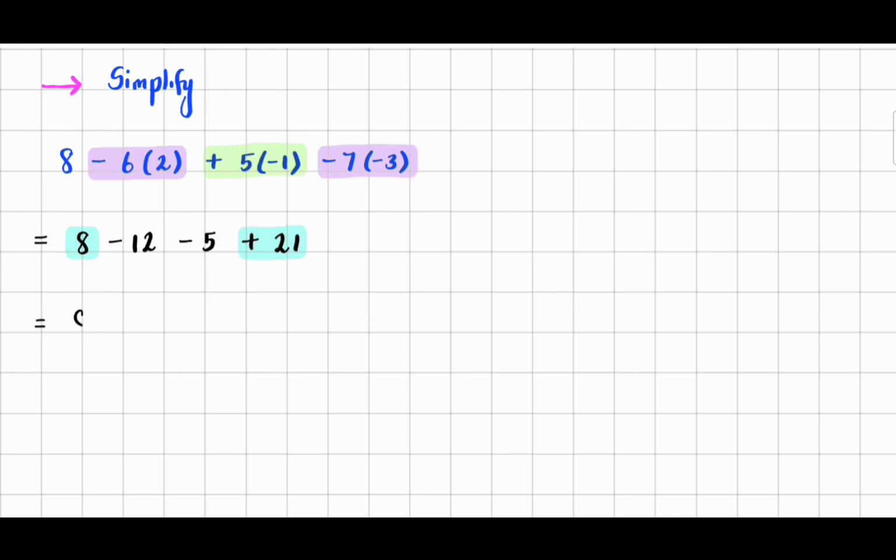So I write 8 plus 21 here. Then the negative numbers are negative 12 and negative 5. So we have 8 plus 21 is 29, and negative 12 minus 5 is negative 17. Therefore, 29 minus 17 is 12.